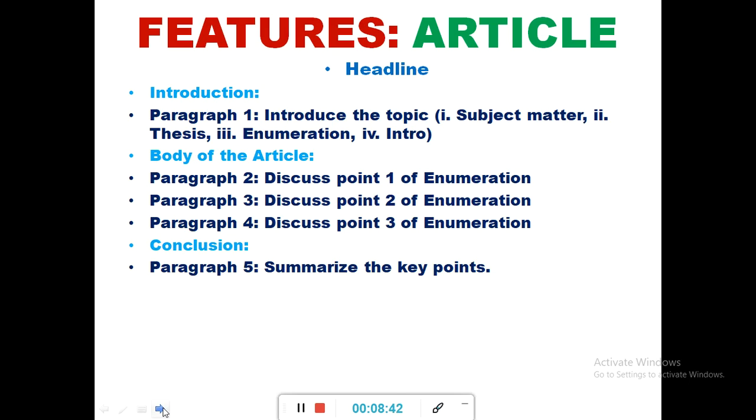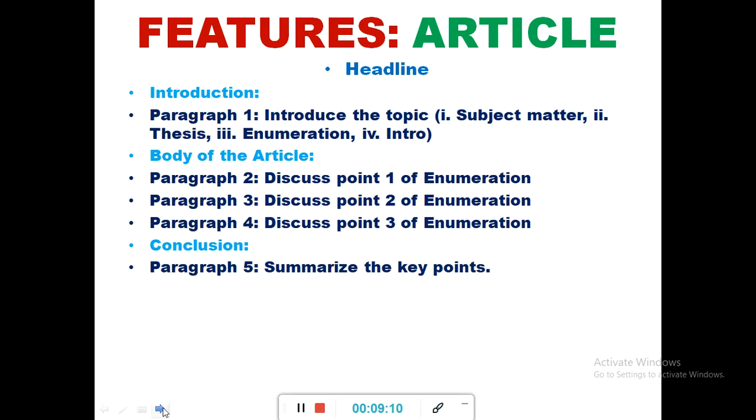Then comes the body of the article, and the body of the article is made up of at least 3 paragraphs. So you have paragraph 2, paragraph 3, paragraph 4, depending on how many main points you want to discuss in your article. Don't forget that it is a principle in writing that each paragraph should discuss one major idea.